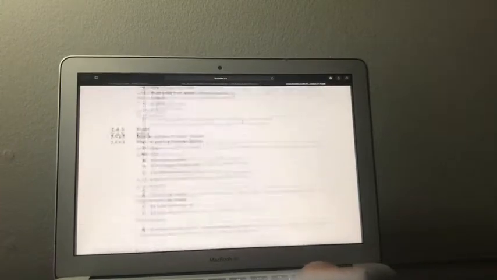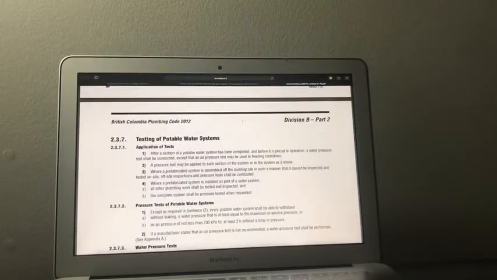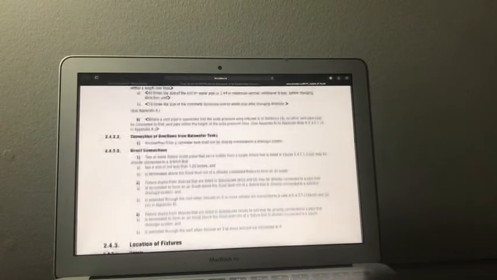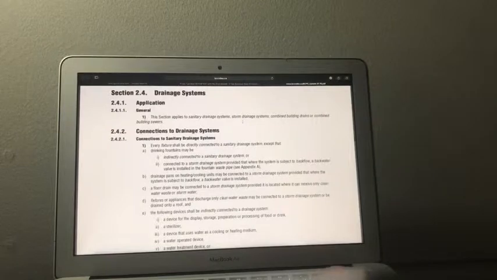So for young guys coming into the game, let's jump into 2-4, sanitary. This section applies to sanitary drainage systems, storm drainage systems, combined building drains, or combined building sewers.